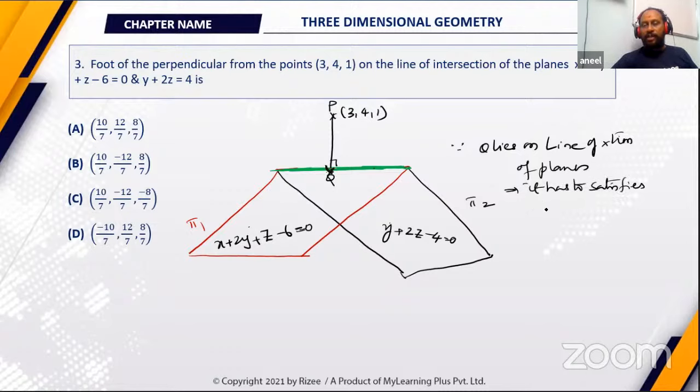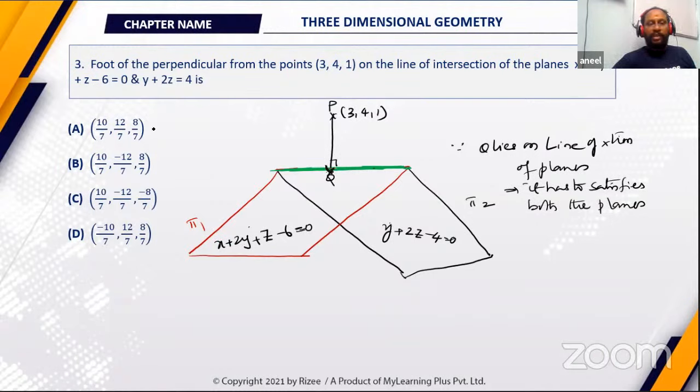So we just have to do the option verification, which option would satisfy both the planes. That's all. Simple.